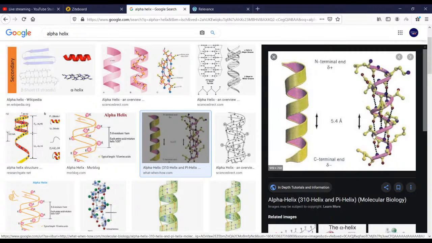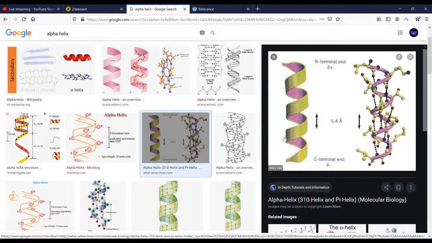You can see every 5.4 angstrom it is repeating itself. Okay. Number one thing. And how many amino acid residues do alpha helices have per turn? This is one turn, another turn. So they have 3.6 amino acid residues per turn.